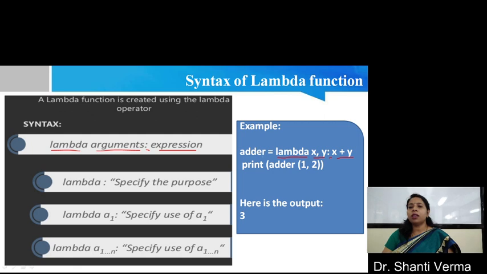It returns a value in the variable called adder. Now, if I want to print the value of adder, I write print adder and pass the values of x and y. If x is 1 and y equals 2, you can see the output is 3, calculated using the x plus y expression declared in the lambda function.